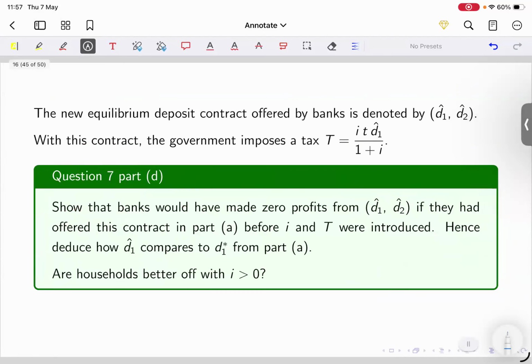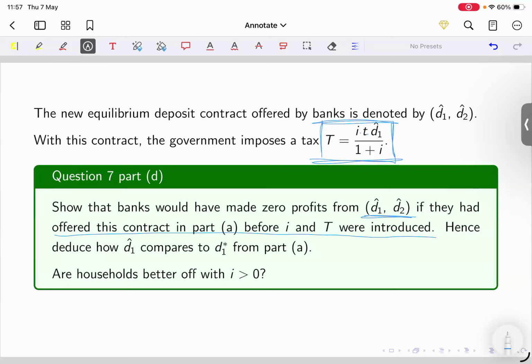Now, we're told that to finance this new policy, the tax is set as T equals I D1 hat over (1 plus I). And we need to show that the new optimal contract would have made the bank zero profits also before I and T were introduced.